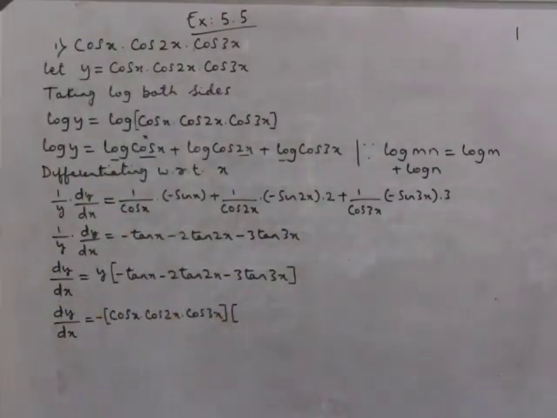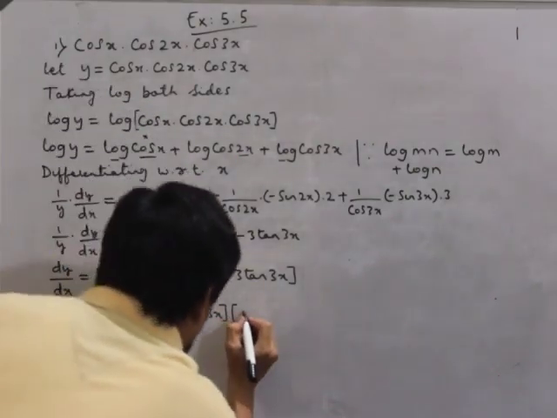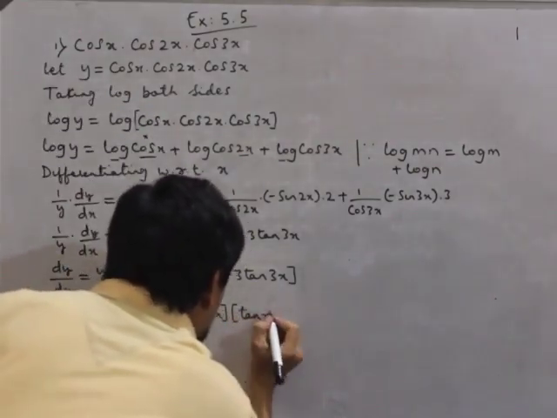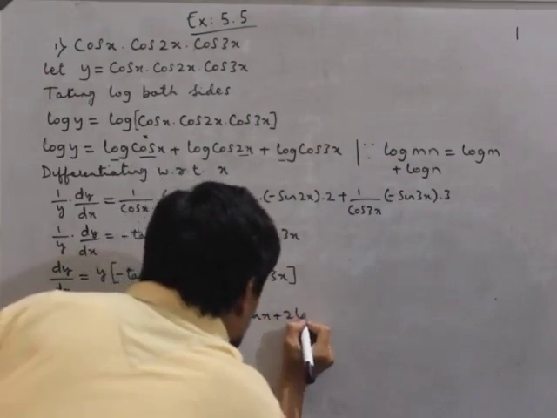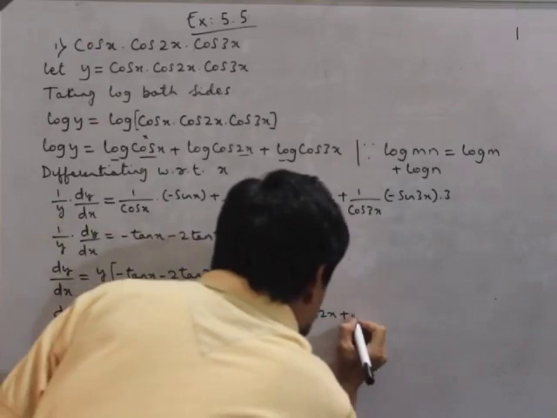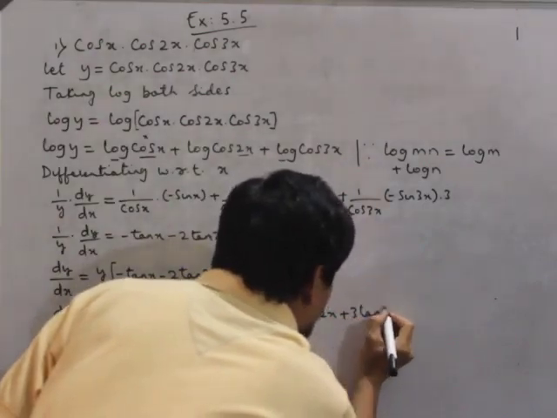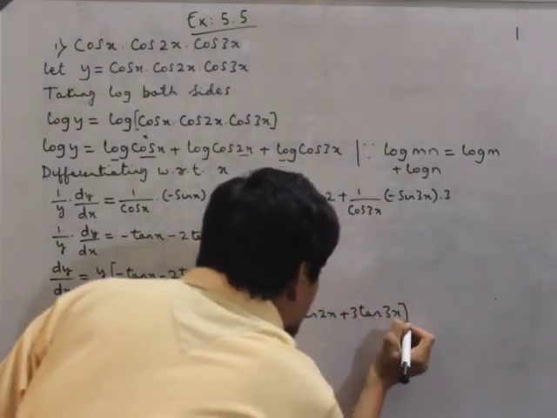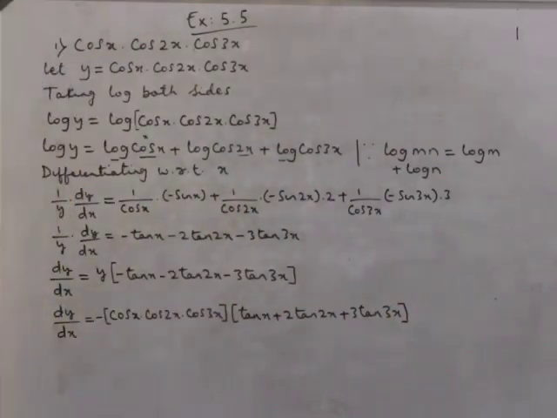How do we write it? I have taken out minus sign, so this will become tan x plus 2 tan 2x plus 3 tan 3x. So this is your final answer.